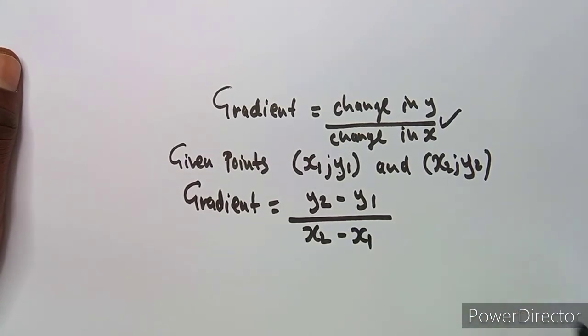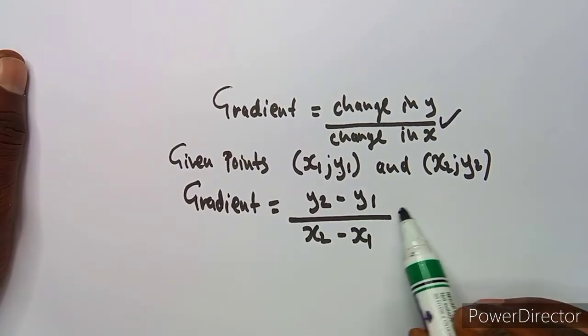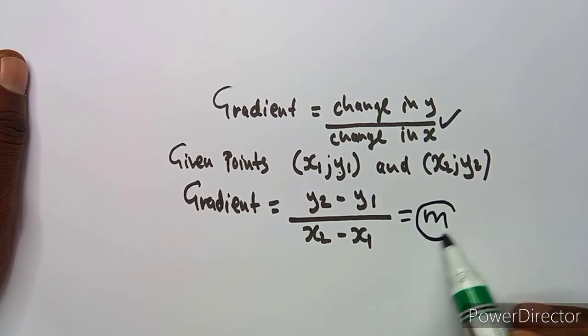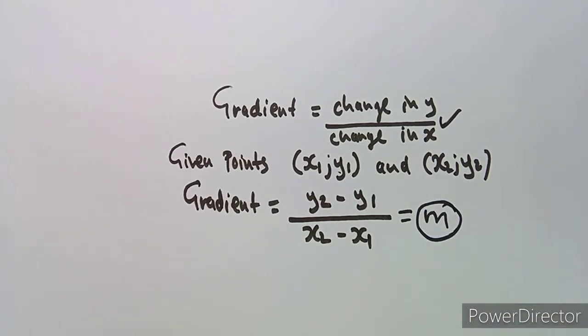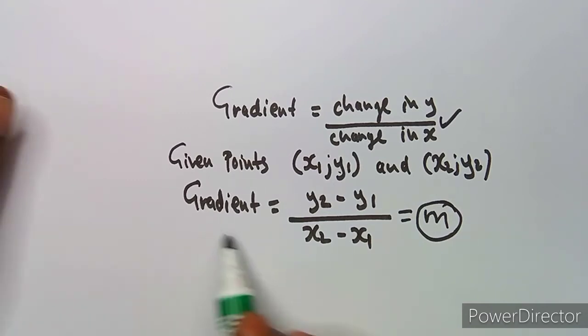That is the gradient. We are going to use the letter m later on when we refer to a straight line, to represent the gradient. But for the meantime, you're just writing gradient is equal to.